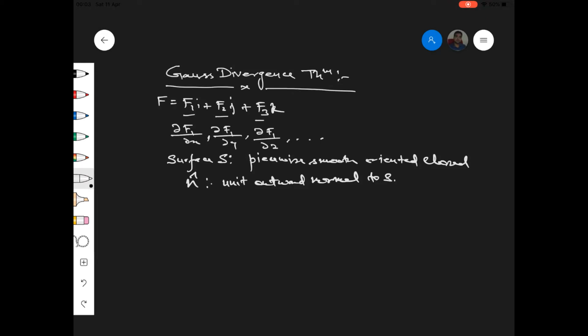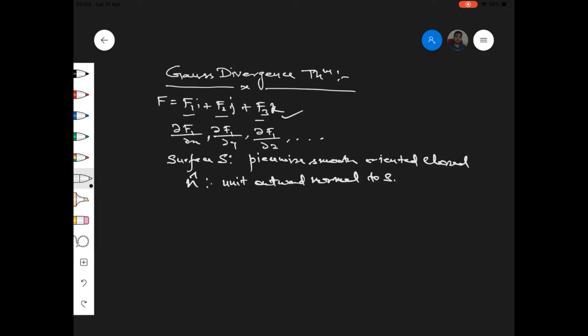So these are the preambles which we needed: defining a vector field, ensuring the continuous availability of the first order partial derivatives of its components, and having a piecewise smooth oriented closed surface S with a unit outward normal to it.